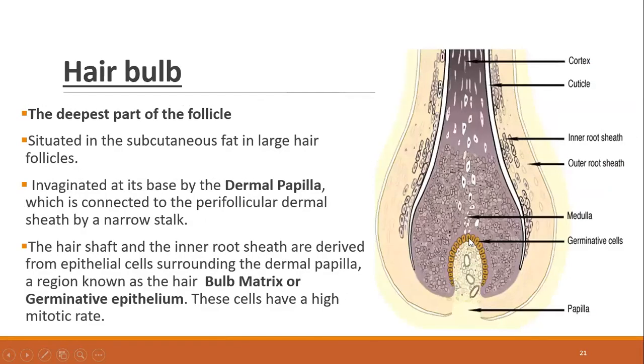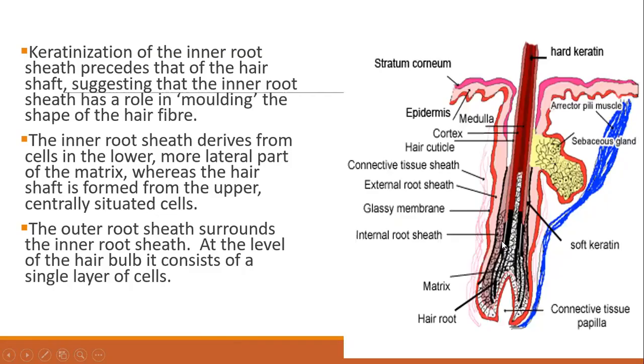So it is said that these centrally upper located cells form the shaft, while the lateral cells form the inner root sheath. The outer root sheath surrounds the inner root sheath, and at the level of the hair bulb, it is just a single layer of cuboidal cells, as I've explained to you before.